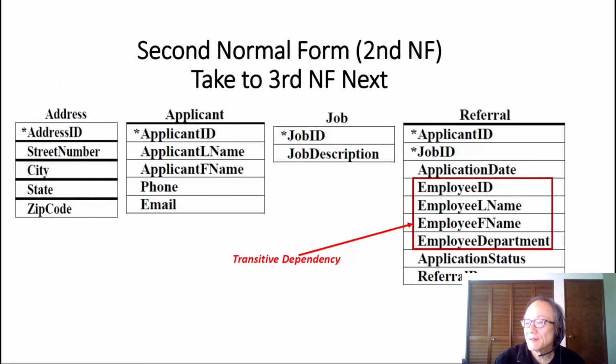Yes, there is a transitive dependency in referral. We need to fix it. Think about how we do it.